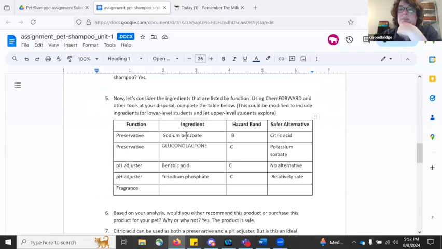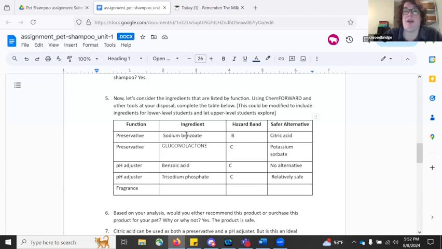These are less ideal. Relatively safe, but they're not fantastic. So this would lead students, or you as the faculty working through this, to make a decision about whether this particular product is safe. And there could be a diversity of opinion.